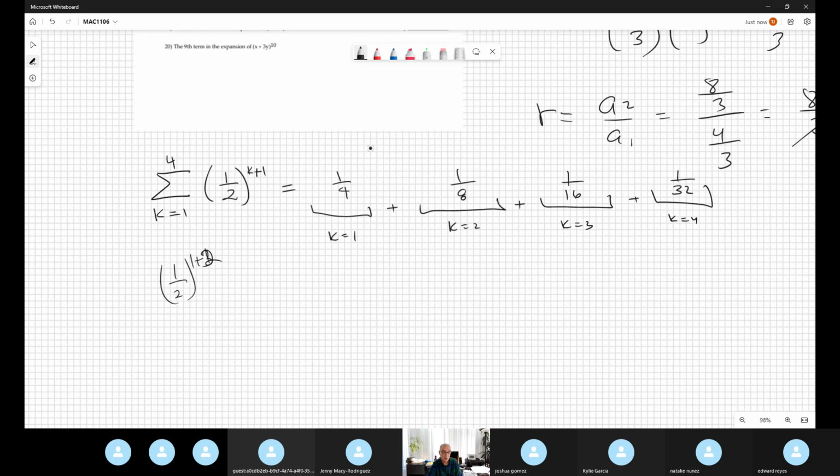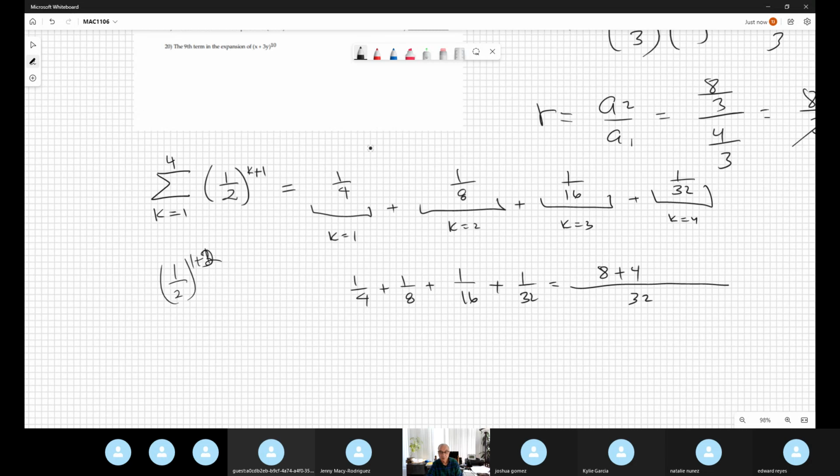Essentially, we compute 1/4, 1/8, 1/16, 1/32. You find the LCD, which obviously is 32. 32 divided by 4 is 8, times 1 is 8, so 8/32 is equivalent to 1/4.